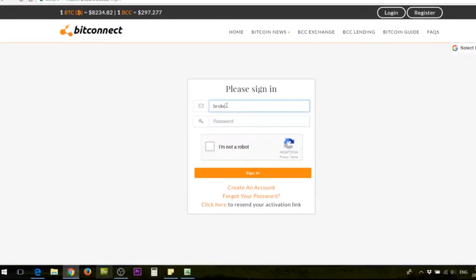So first things first, I'm going to do my quick reinvest, just because it's been a couple of days and it's starting to pile up and I want to try and get into the rhythm of reinvesting that.